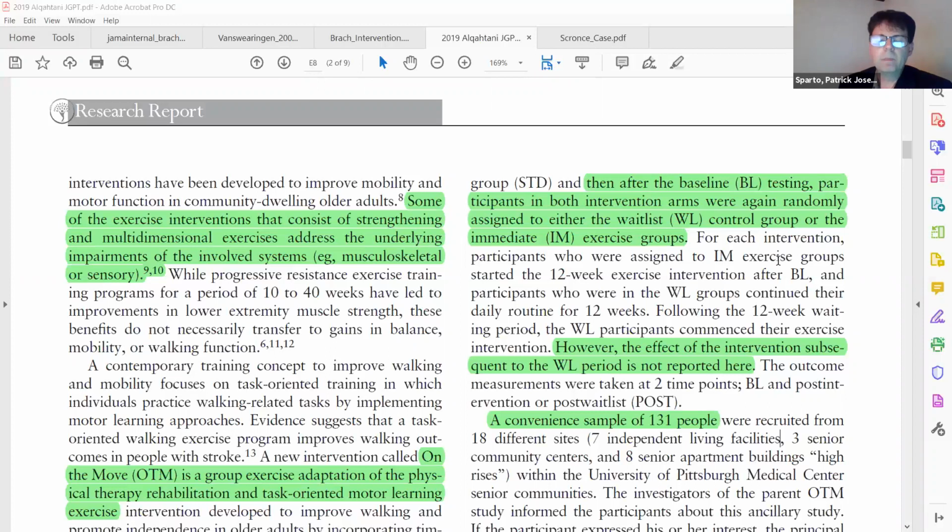And what we wanted to look at with this subsample was, with this intervention, did it also address some of the impairments that the older adults would have in terms of balance impairments and strength impairments?